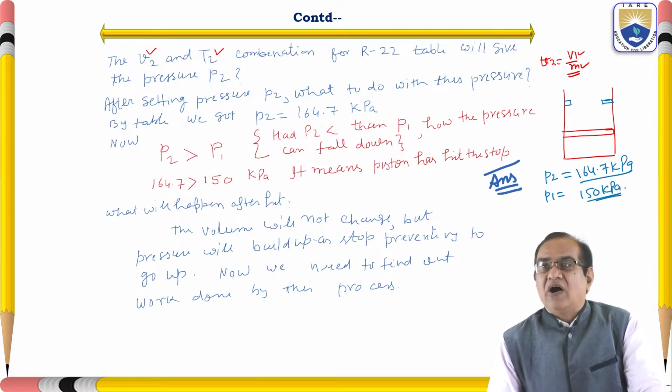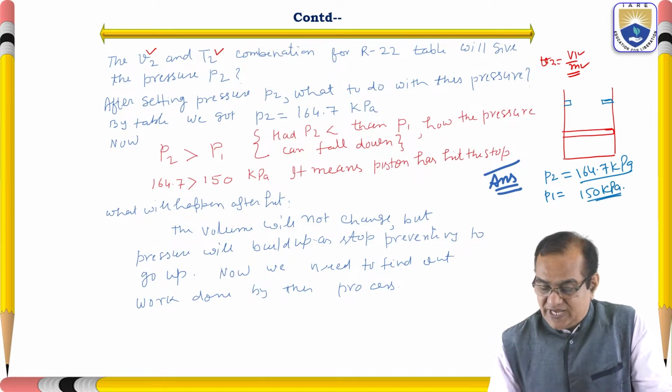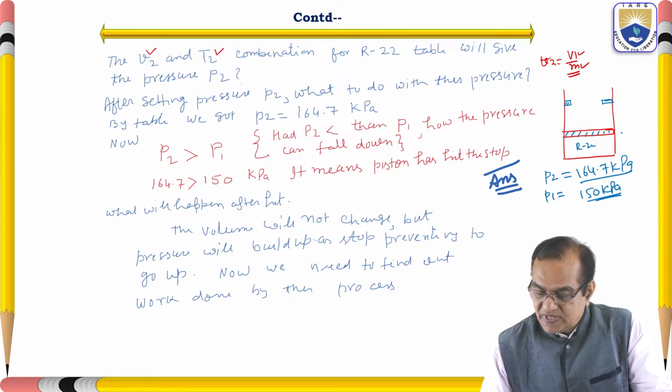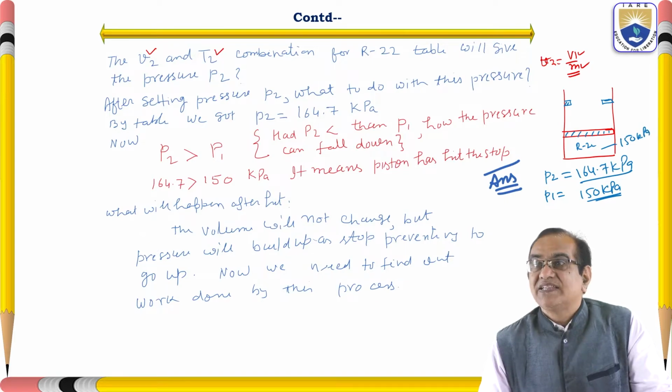Whether it hits or not, that I want to see here. Here we have R22. Till the time the pressure here is 150 kilopascal, the piston will try to move up to here, at the same pressure, just about to touch. It is not touched, just about to touch. The same pressure will be maintained.